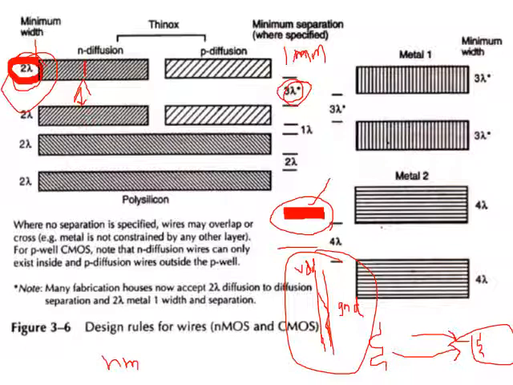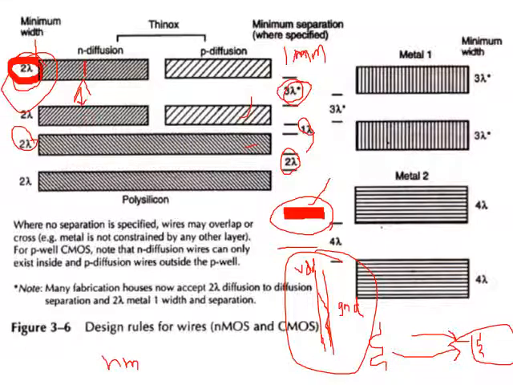Distance between the diffusion region and the polysilicon should be minimum 1 lambda. Otherwise, as I said, some shortings may happen which may destroy the circuit, which may cause the failure of the circuit. Similarly, the distance between polysilicon should be maintained at 2 lambda, and the minimum thickness of the polysilicon, again, is 2 lambda.